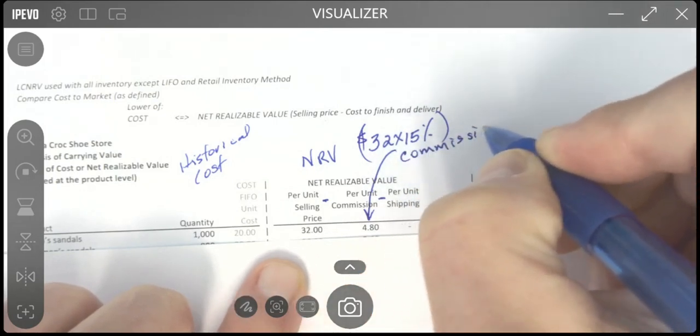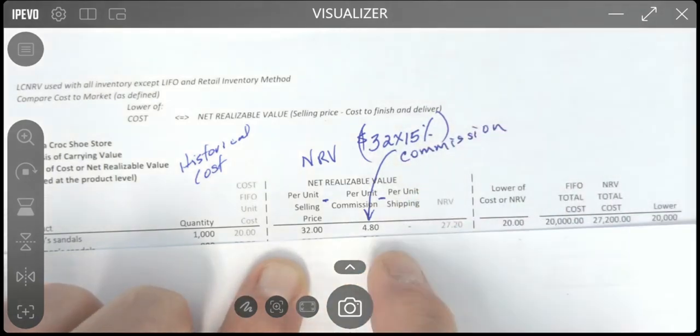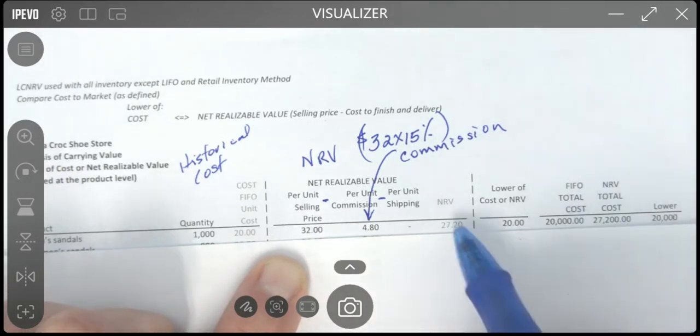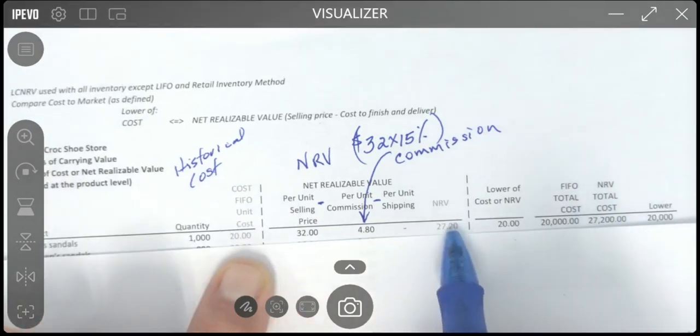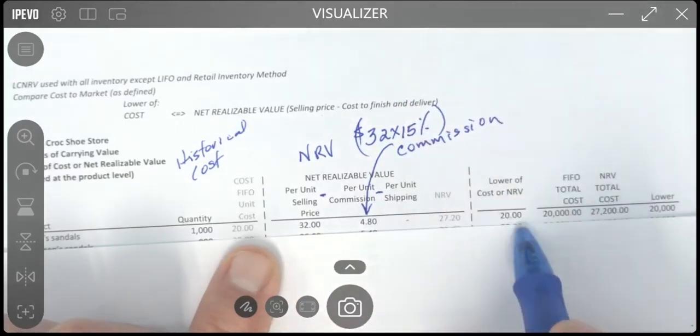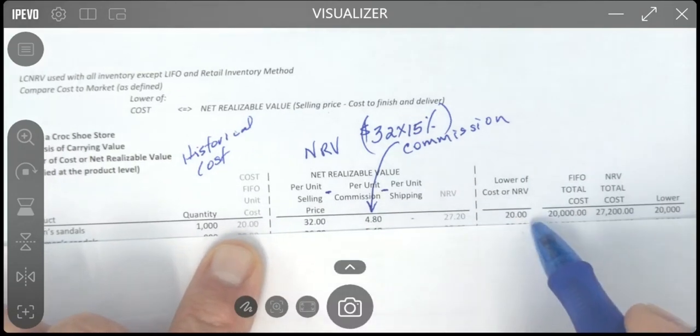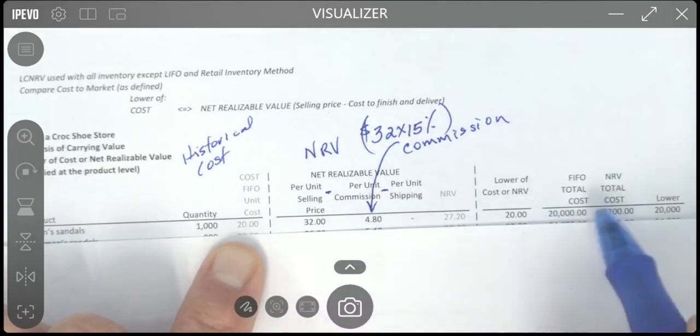We have no shipping costs because let's assume this is a retail store. So the net realizable value is $27.20. And the lower of the cost or the net realizable value is 20.